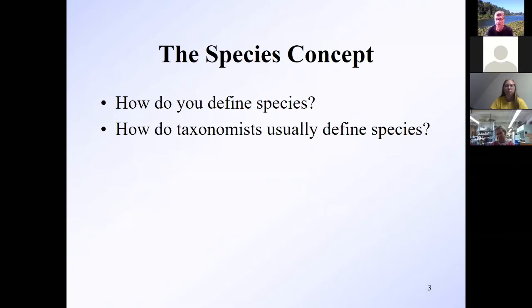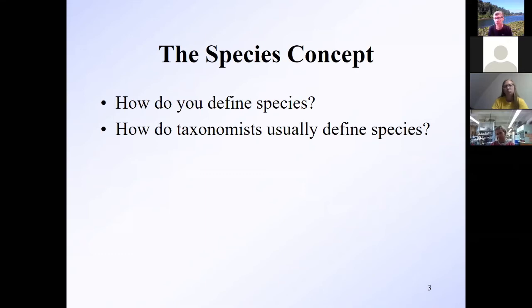How do taxonomists usually define species? I think somebody actually already got the answer. Emma said a group of similar organisms. That's right, things that look similar to each other. And that's how functionally we define species. If we see 2 birds and we want to know if they're of different species, we don't test whether or not they can interbreed with each other.